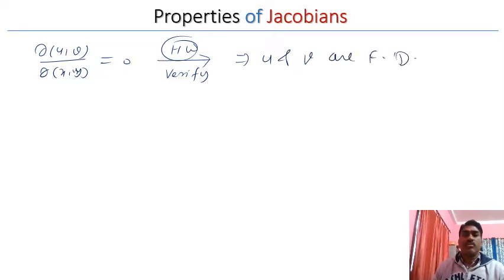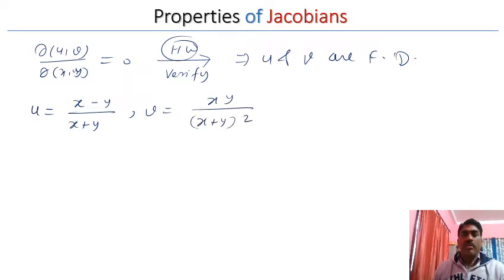So now we will try to find the relation between u and v. So u is equal to x minus y by x plus y, and v is equal to xy by x plus y whole square. Now what we do is square the u. So u square is equal to x minus y whole square by x plus y whole square.